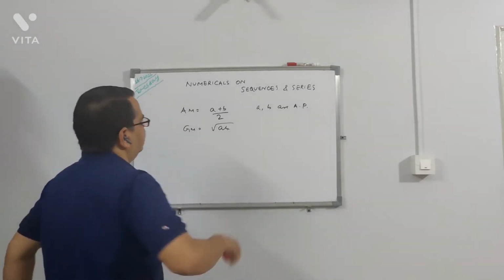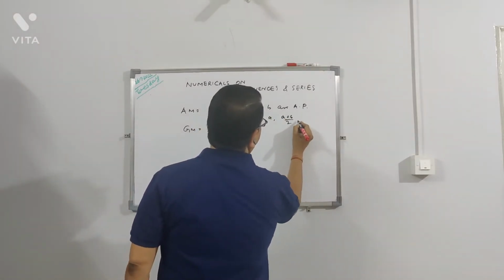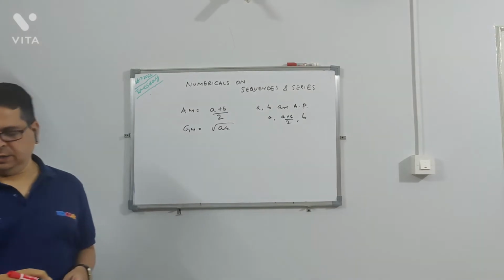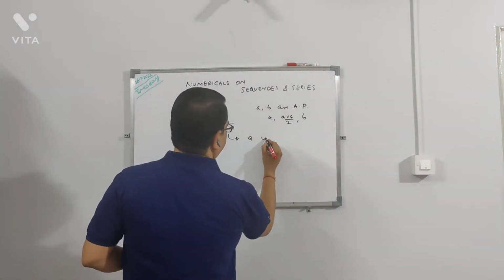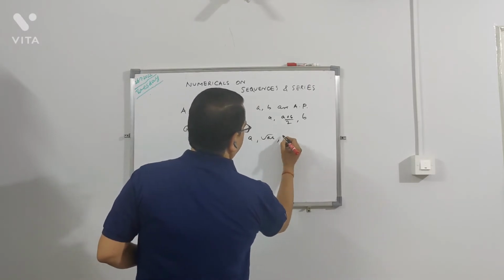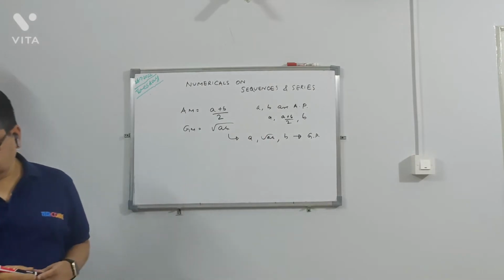So here, a, (a plus b) by 2, and b are three numbers in arithmetic progression. Similarly here, a, square root of ab, and b are in geometric progression.